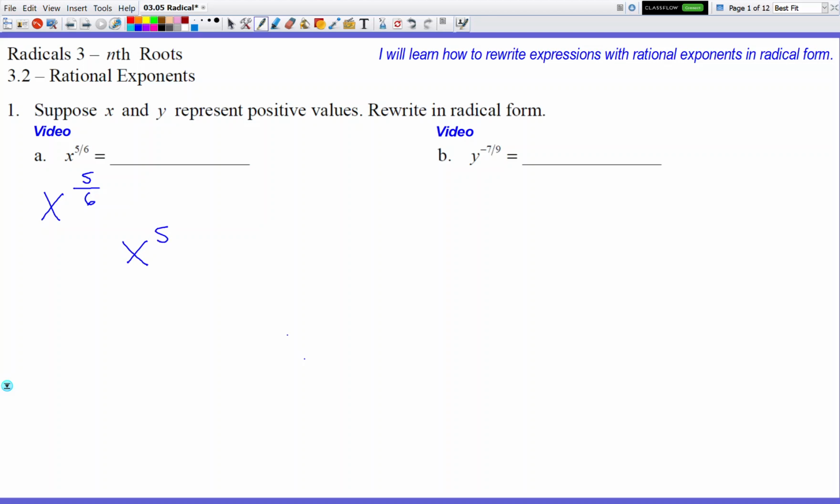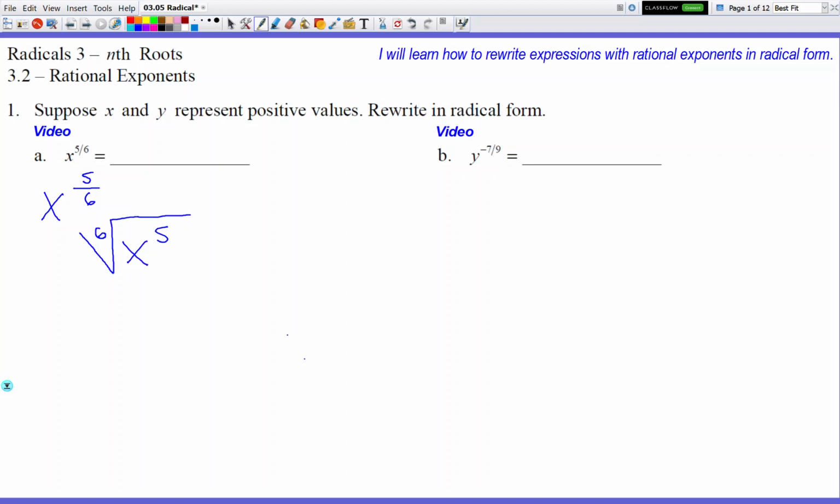The number on the bottom of the fraction tells you what kind of radical it is. I like to call it a sixth root radical, so I write the radical symbol, and then I put a 6 in that little crack part, and that tells me it's a sixth root radical.